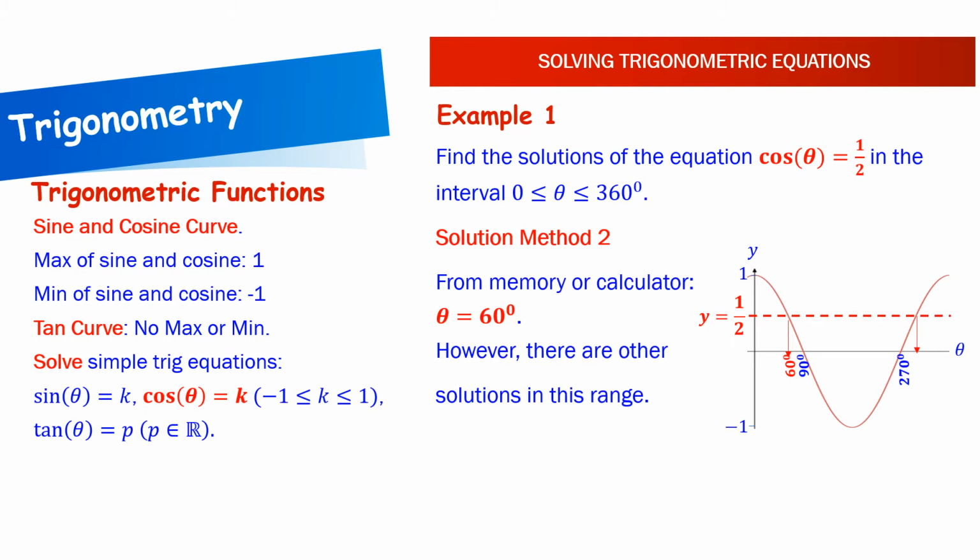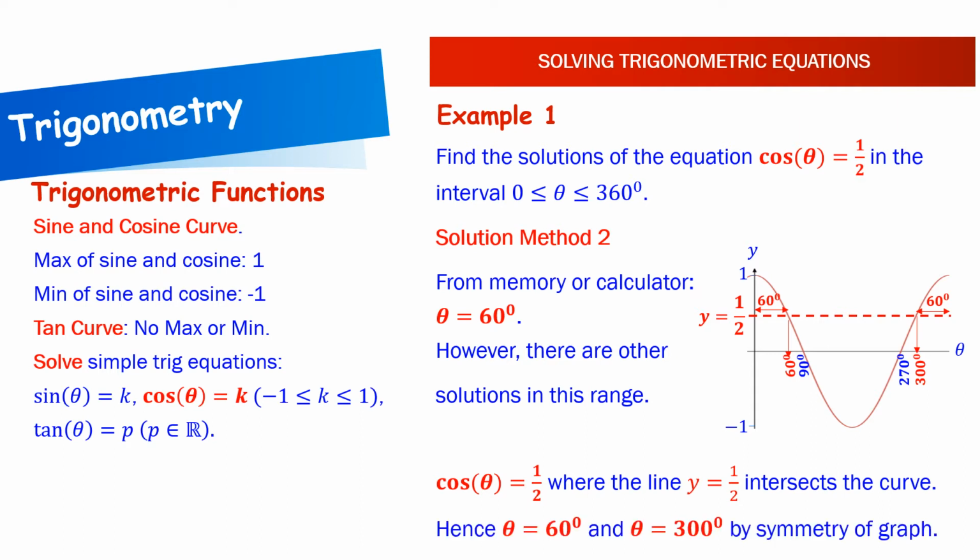One is at 60 degrees and one is at another point. In order to find the other point, we need to firstly observe that the curve is symmetric. And therefore, theta is equal to 300 degrees by symmetry of the graph.